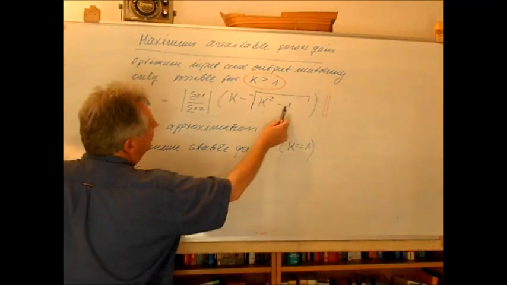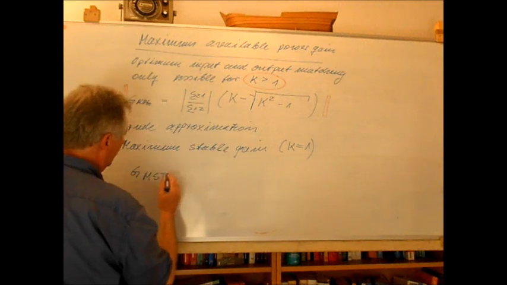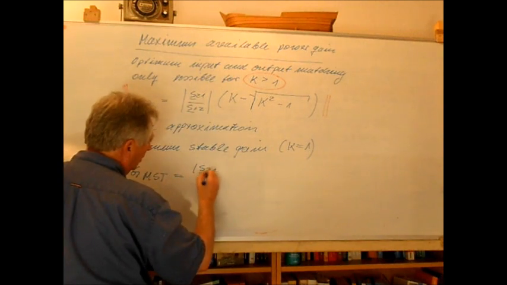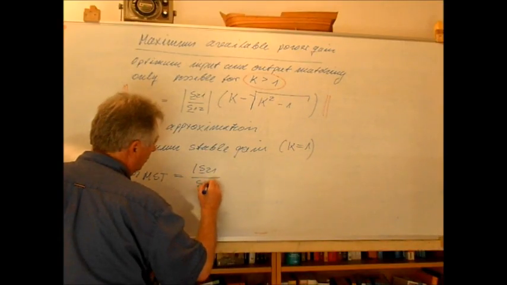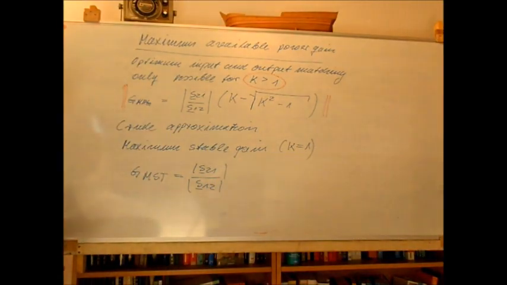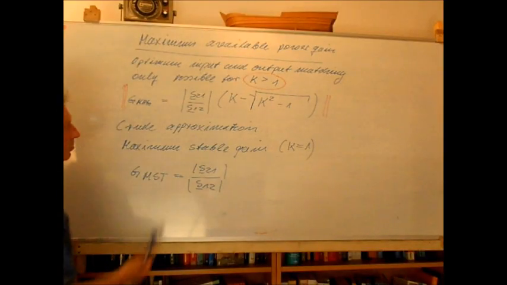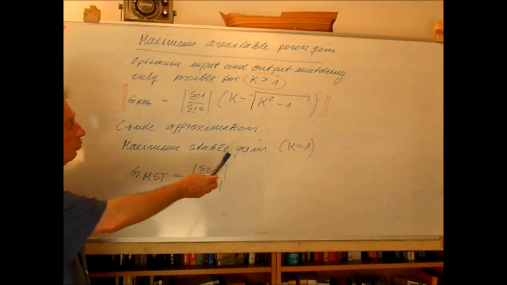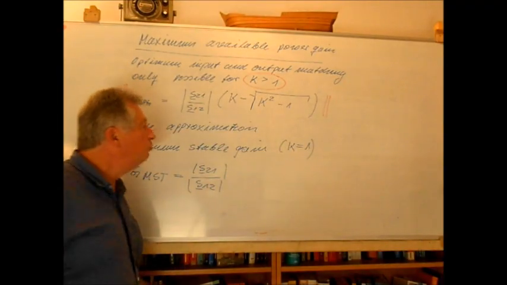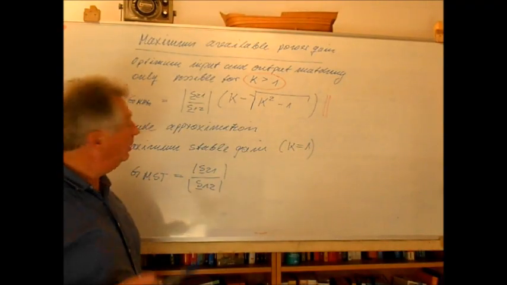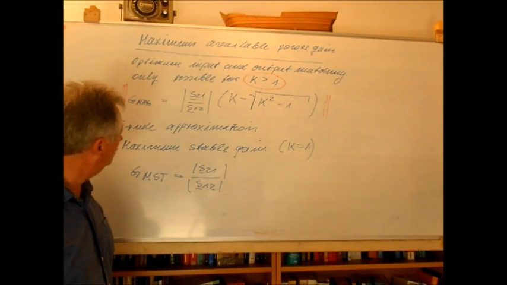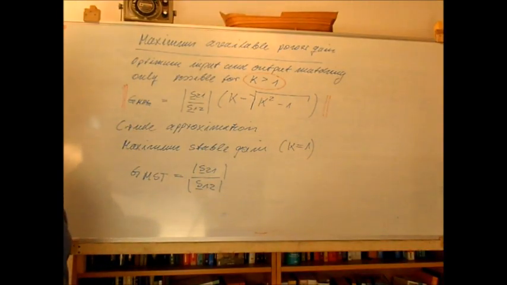So if K is equal to 1, this term will disappear, and we get |S21| over |S12| absolute value squared. So this will be the maximum you can reach, but of course this is a crude approximation, since we just assume that we somehow realized K to be equal to 1, and then we end up with this expression which gives you the maximum stable gain.